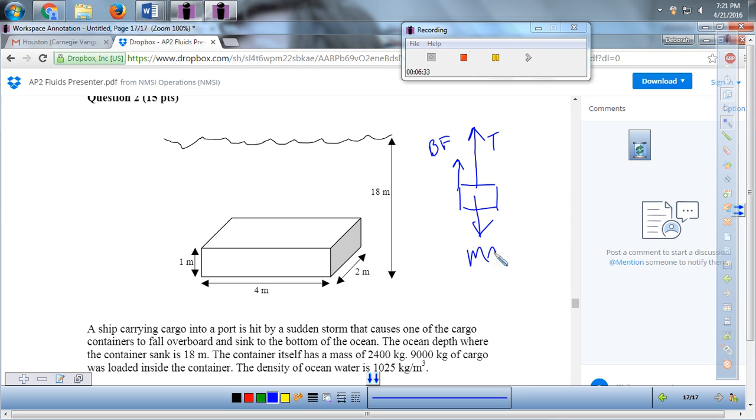And since the velocity is constant, I know that buoyant force plus T has to equal mg. So T is going to be mg minus buoyant force. So mg is the 3,300 kilograms for everything, the container and its contents, times 9.8.